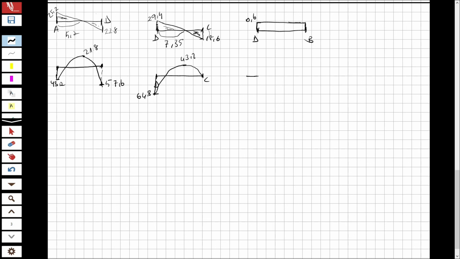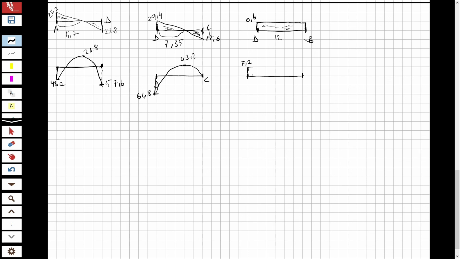And let's draw also the last part. At the last part, I have a moment here, 7.2. You can see that this shape is a rectangle, so it is going to be a triangle.